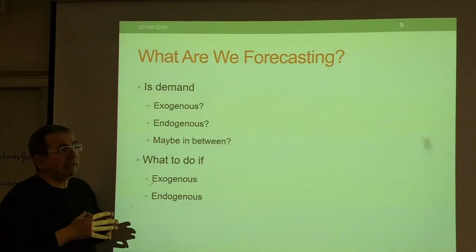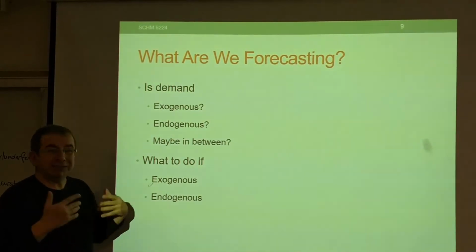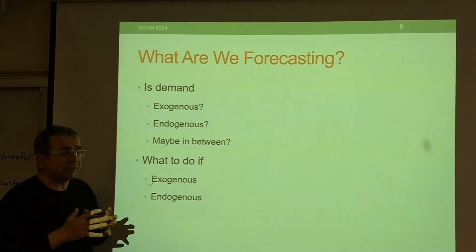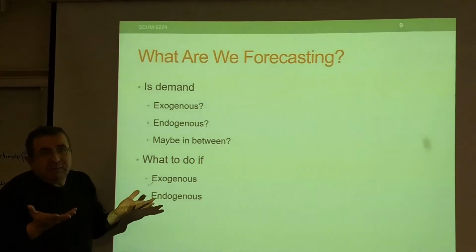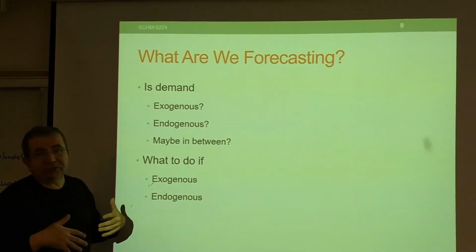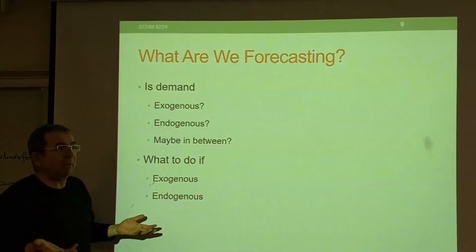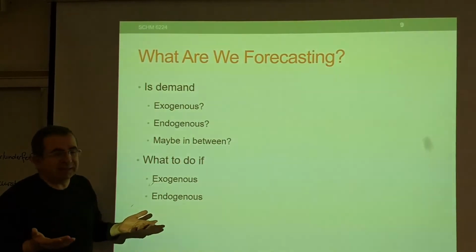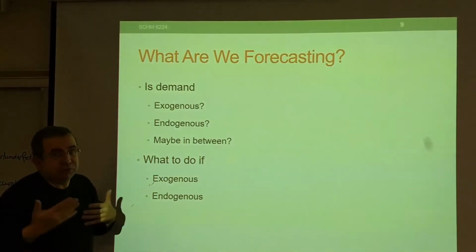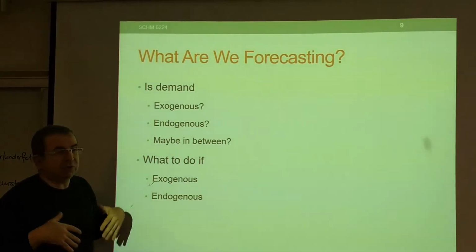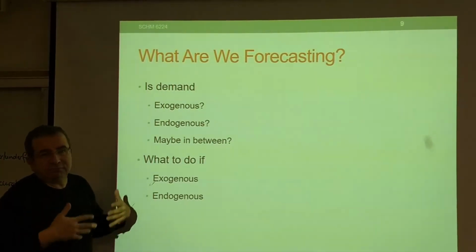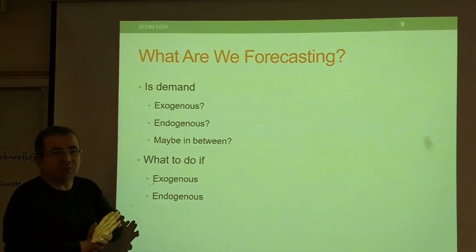So let's say you're selling insulin medication. That demand is, of course, exogenous. People will buy insulin as much as they need it for medical purposes. You can't advertise and have people buy more insulin.